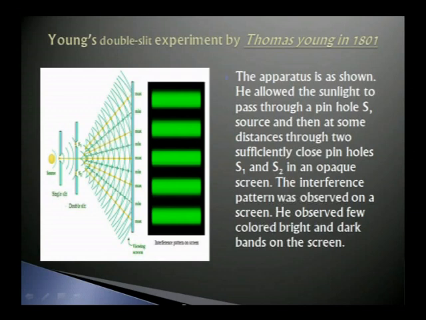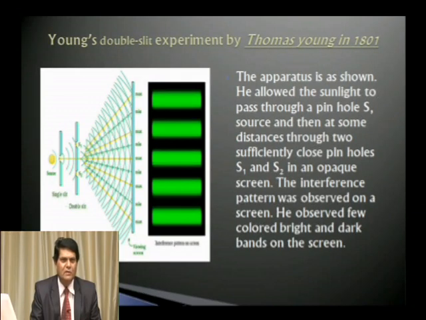Now, in order to get the interference phenomenon, Mr. Thomas Young conducted an experiment, and it is referred to as Young's double slit experiment.